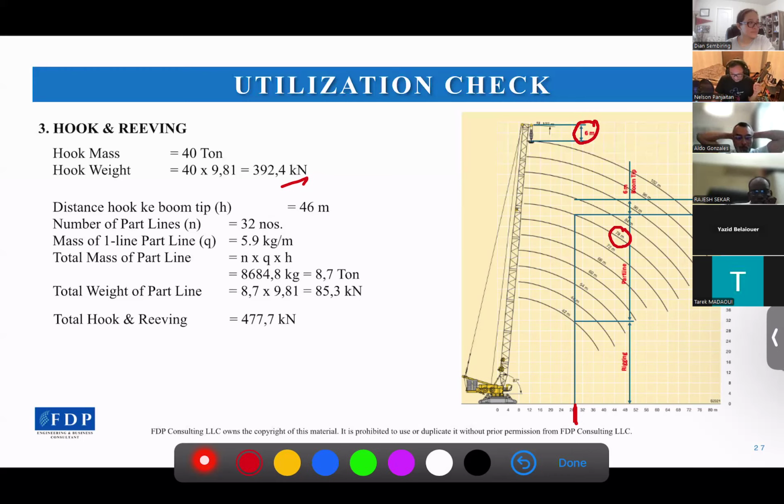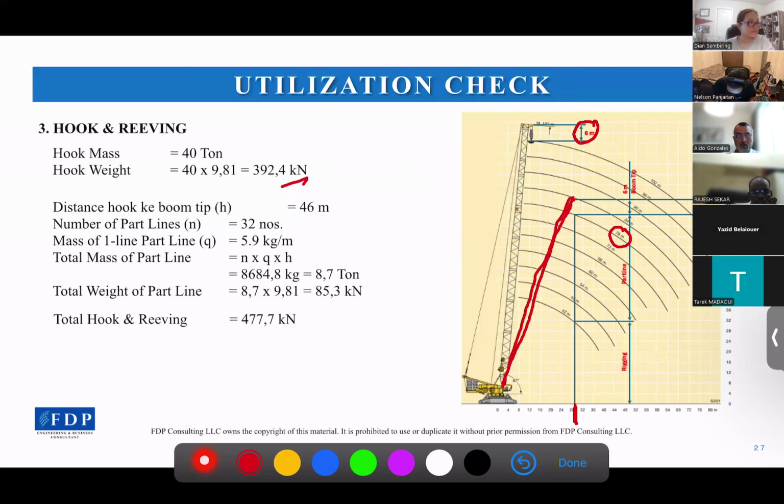Then we can calculate the boom tip height for 78 meters boom length and 29 meter radius, which is about 78 meters from ground level. So let's assume that this boom will be rotated to this for the 78 meters boom length.